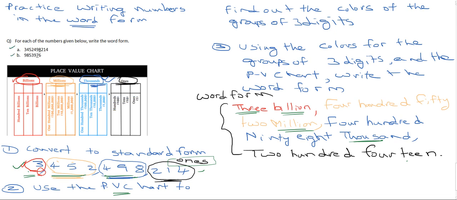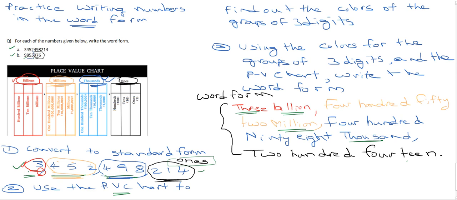So practice the second one. I'm going to go ahead and show you the standard form. That's a comma group of 3 and that's a comma group of 3. And I'm going to indicate this is the ones group of 3 numbers.